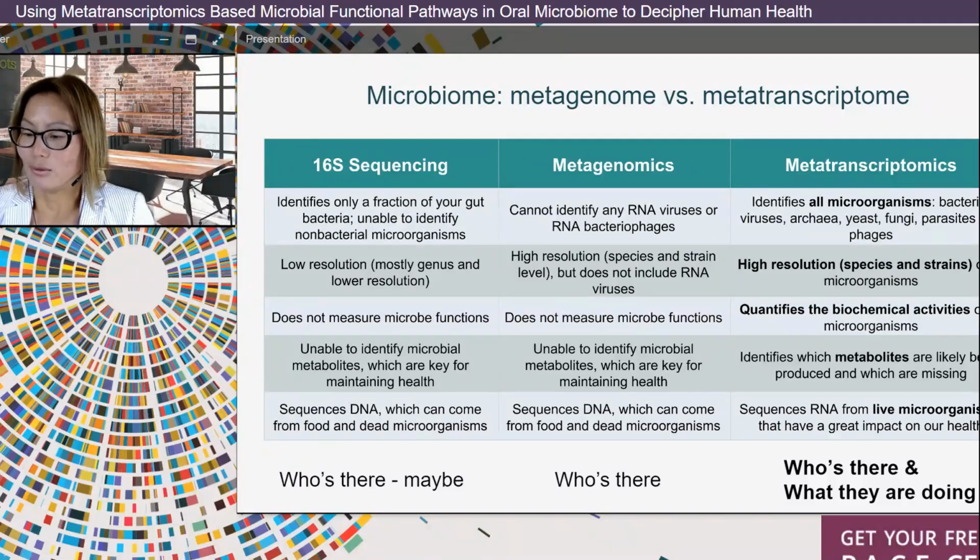So by studying only live organisms, we will have a better insight into how they are impacting our health. And in addition to the bugs, we could identify the metabolites produced or consumed from these activities. So metatranscriptomics tells us not only who's out there, but also what they're doing.